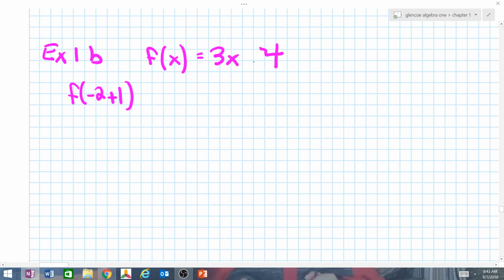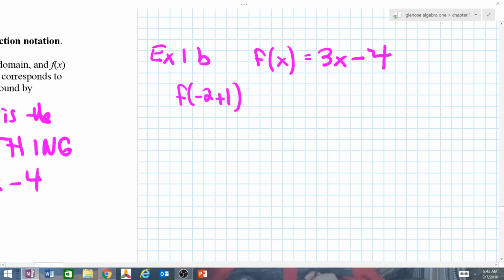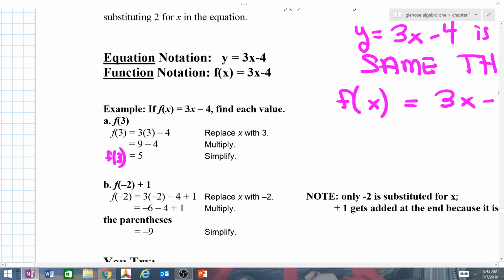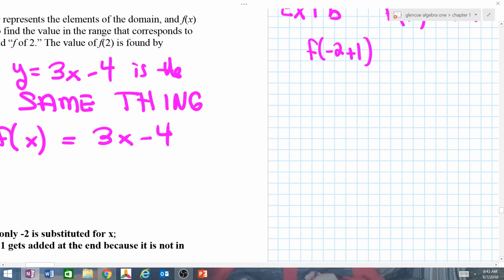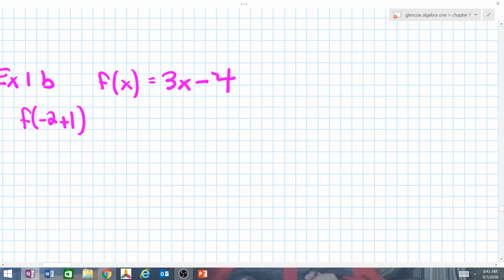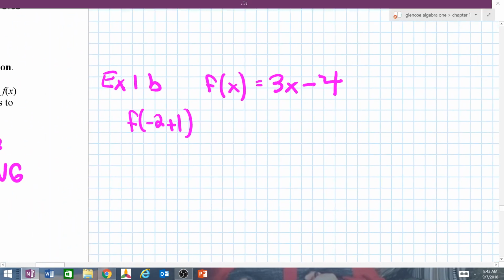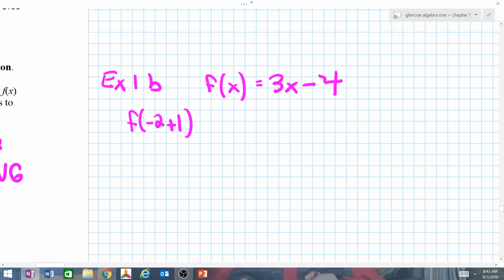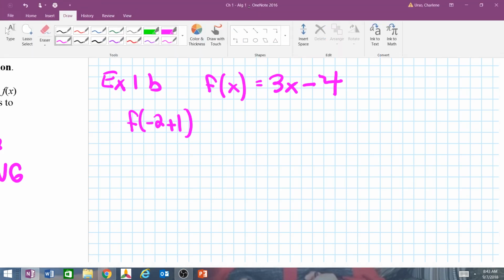Was that the original problem? Yes? Okay, hold on. So the f of negative 2 is the only thing in parentheses. So let's change that for you. Let's get it correct.